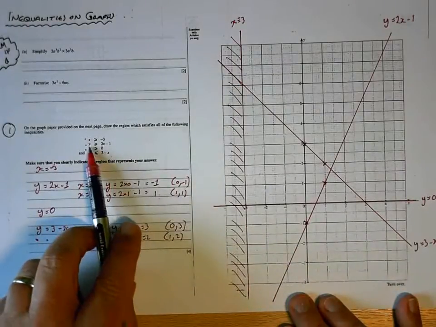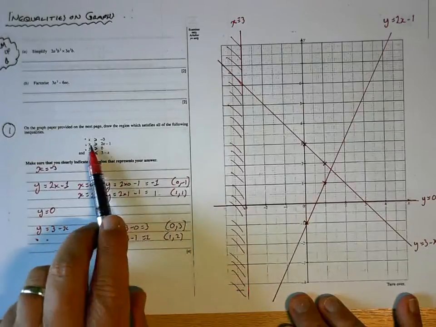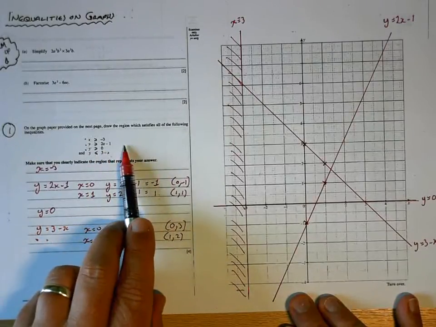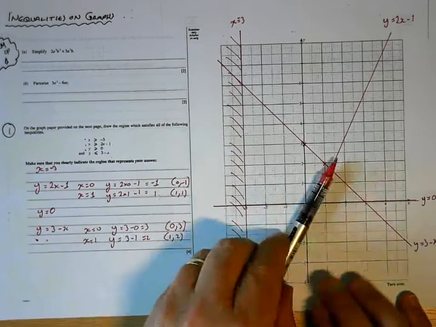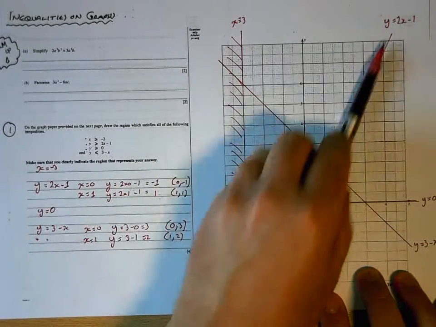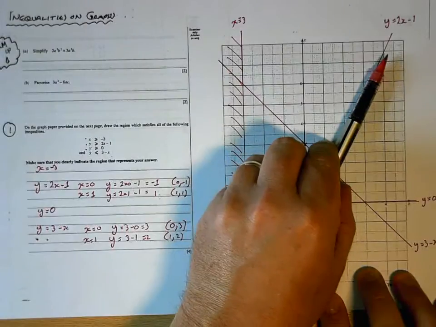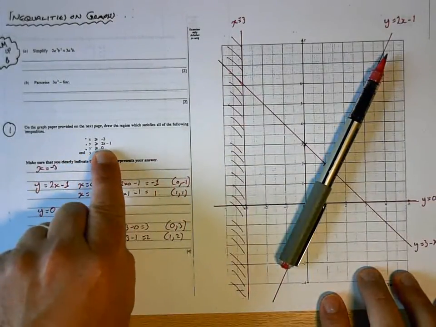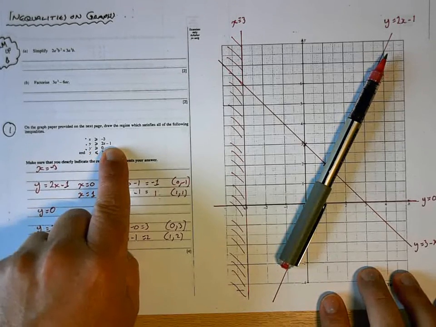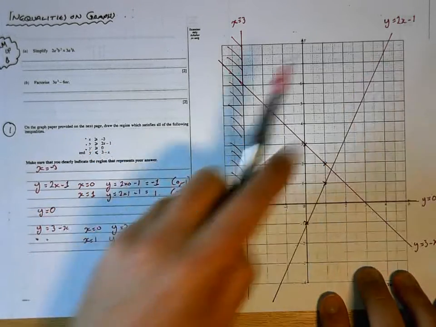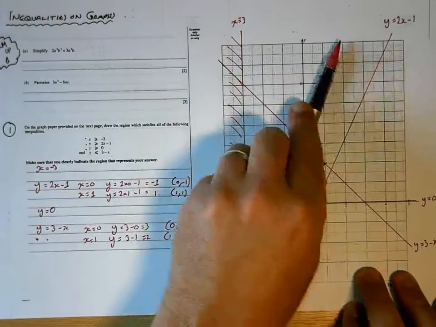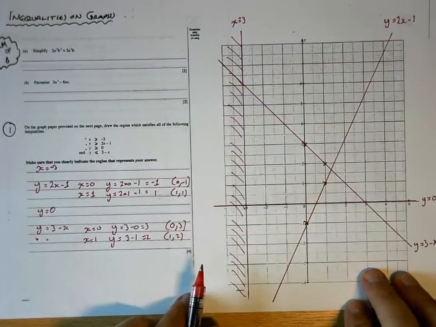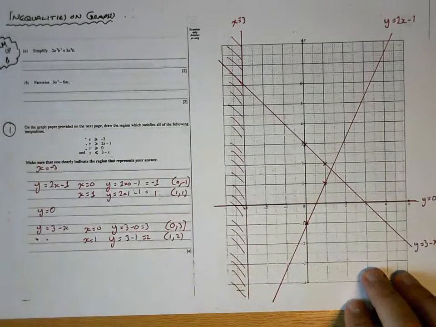The next inequality, we're interested in all the points where y is greater than or equal to 2x minus 1. So we're interested in this line, and we're saying we're interested in the points where the y coordinate is bigger than double the x coordinate less 1. So we're either going to hatch off above or below that line. And if you're not sure, the best thing to do is to test it.